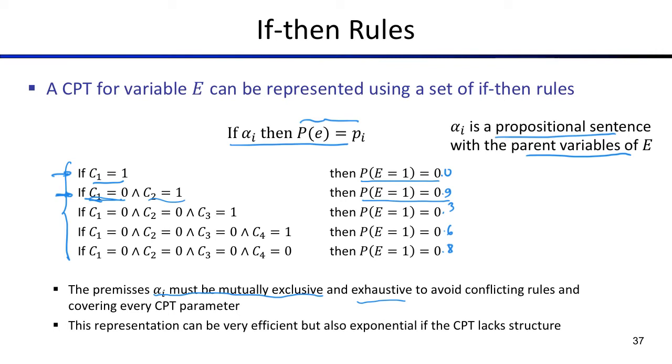So again, this representation can be very efficient. It's pretty much very similar to decision trees, but translated into rules. But they can also be exponential if the CPT, the conditional probability table, lacks a bit of structure.